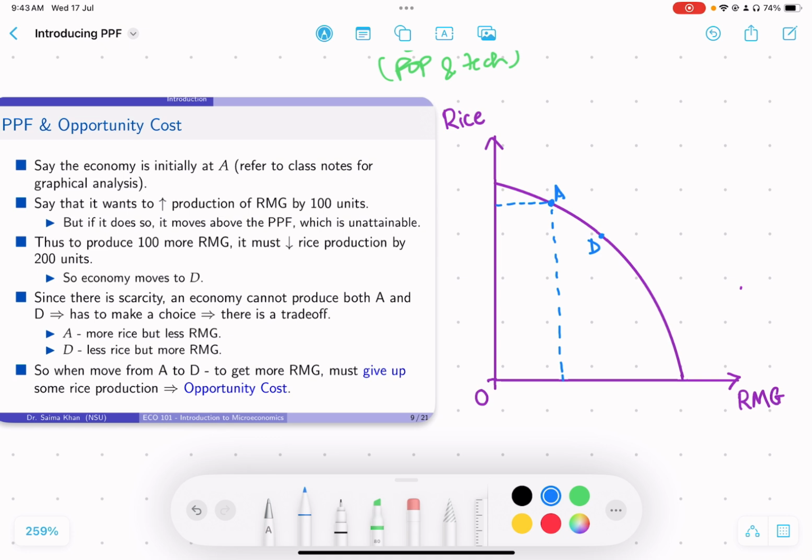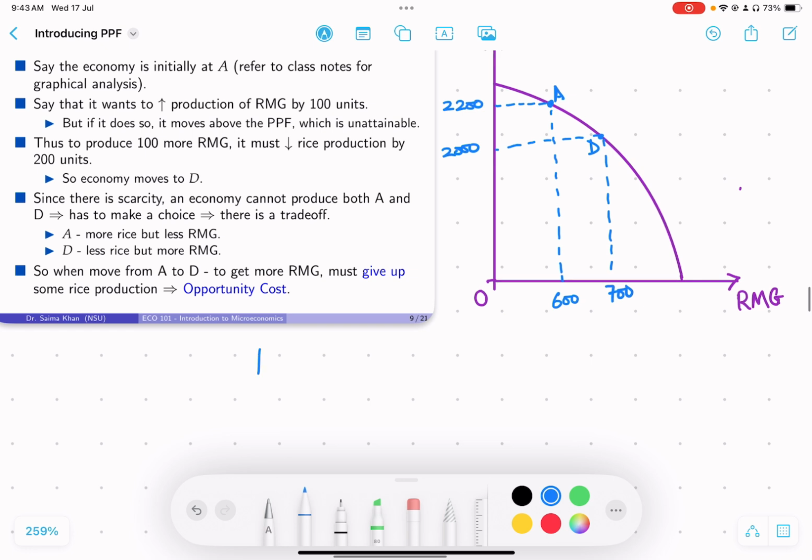So I believe this was 600, and let's say at D, it is 700. And then here, let's say this is 2200, let's say this is 2000. Okay, so basically let's say this economy wants to move from A to D, right? It wants to move from A to D.